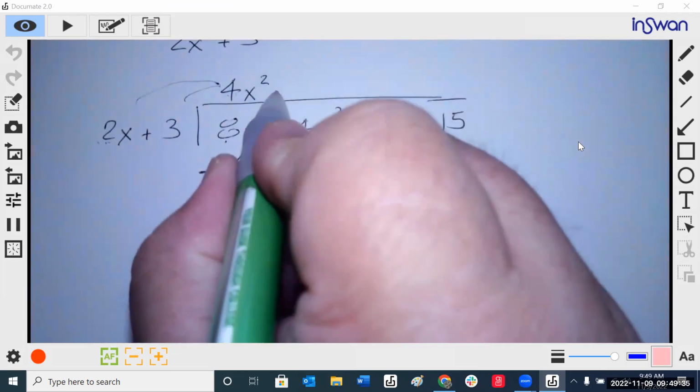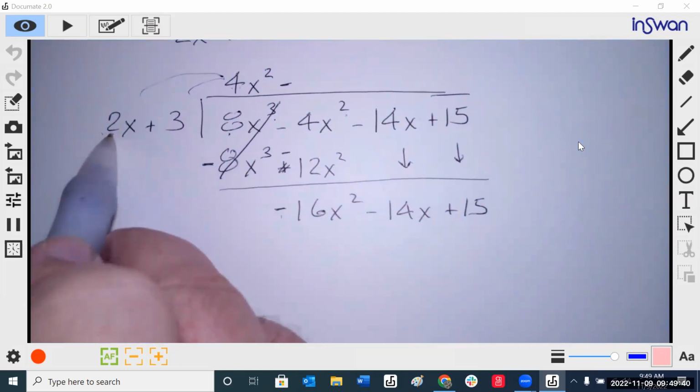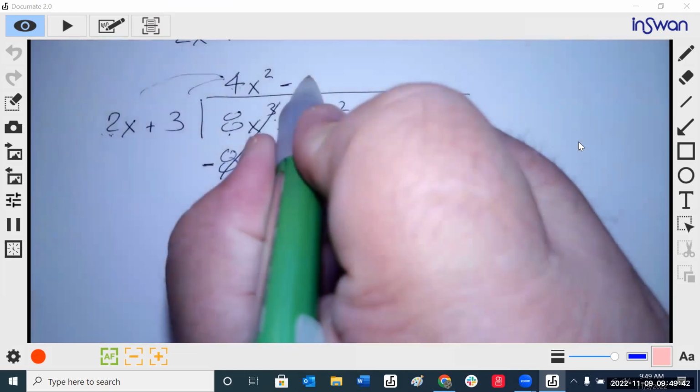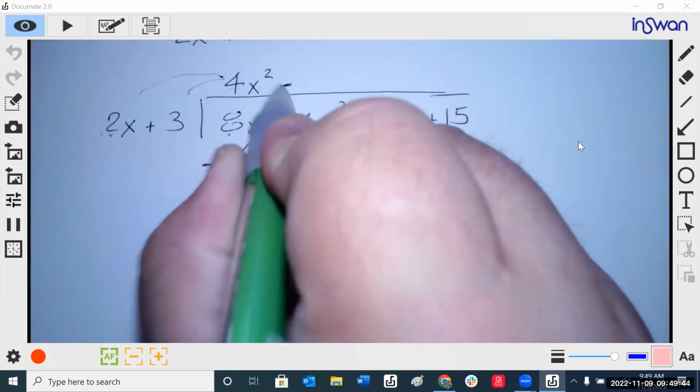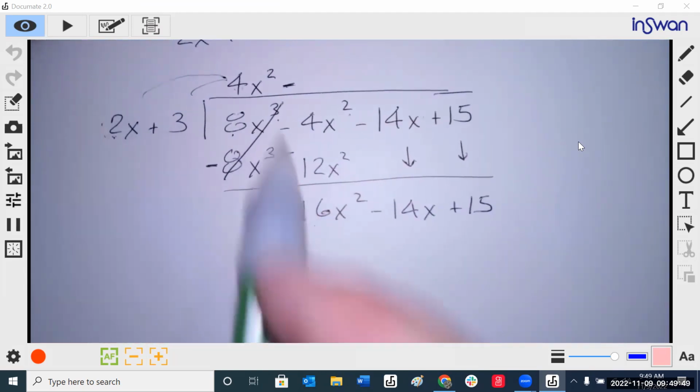Positive times negative is a negative. What times 2 gives me 16? Just 8. Again, I treat the signs and numbers differently. This is positive and negative is negative.